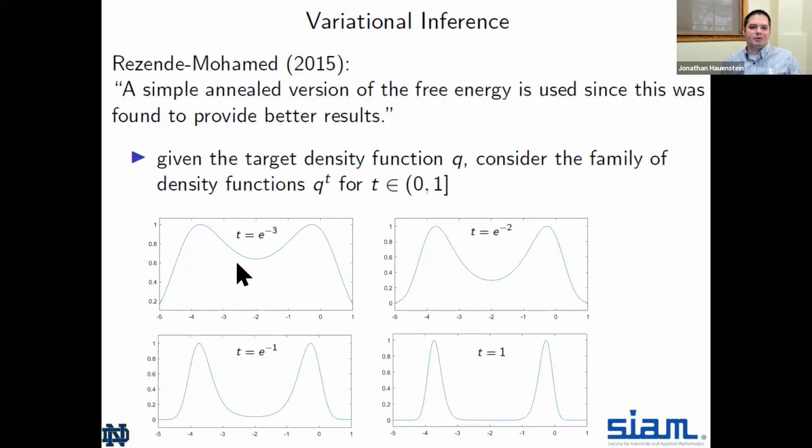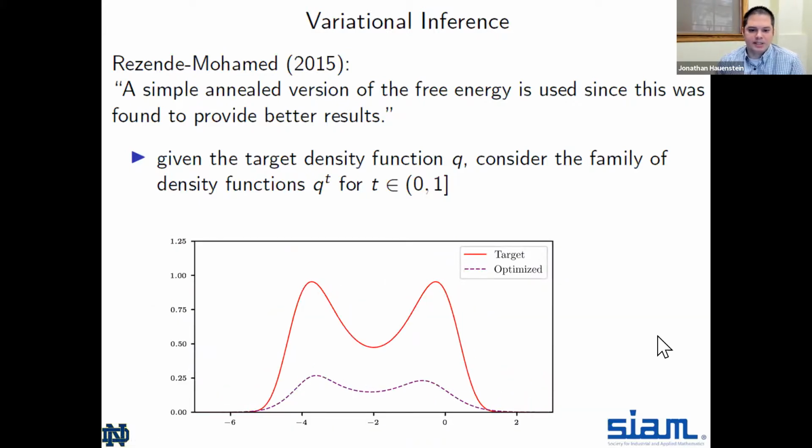So what they're doing is they're doing a homotopy over density functions in order to do this variational inference, in order to be able to sample from these complicated distributions.